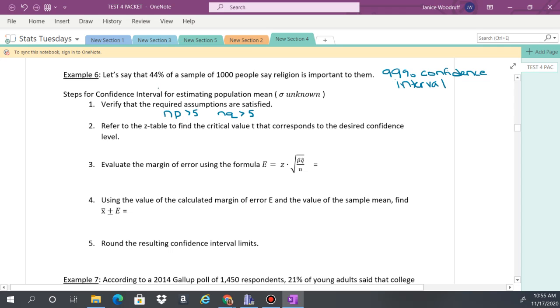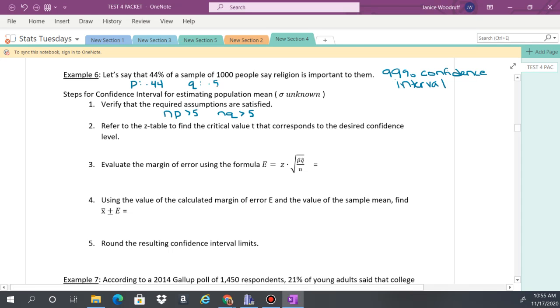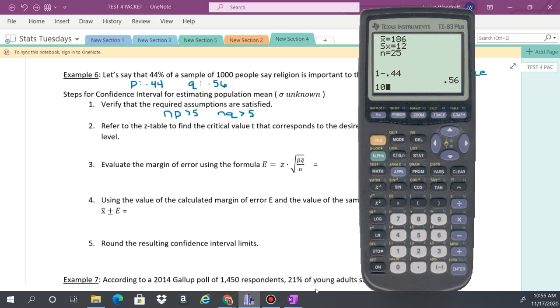All right, so let's find our P and our Q. So if 44% of people say religion is important to them, our P is going to be 0.44, which means our Q is going to be 1 minus 0.44, which is going to be 0.56. So 1,000 times 0.44 should be greater than 5. It is, and 1,000 times 0.56 is also greater than 5. So our assumptions are satisfied.